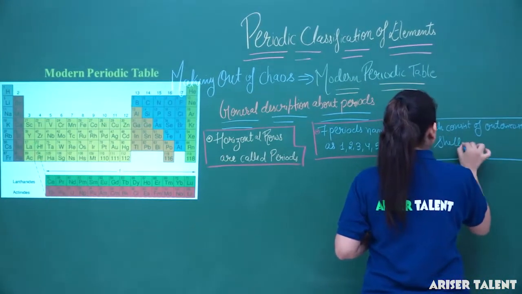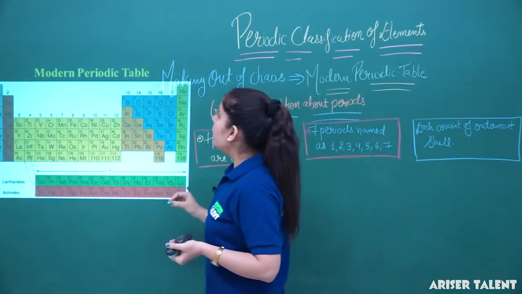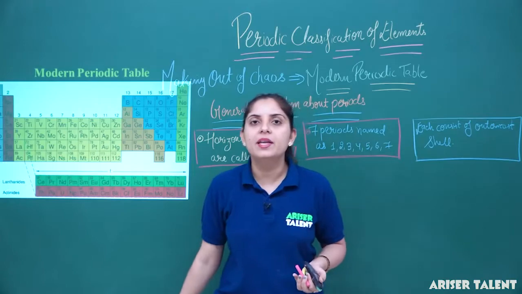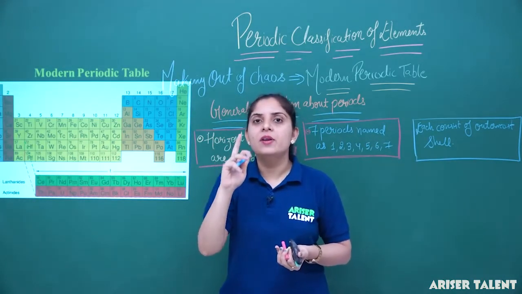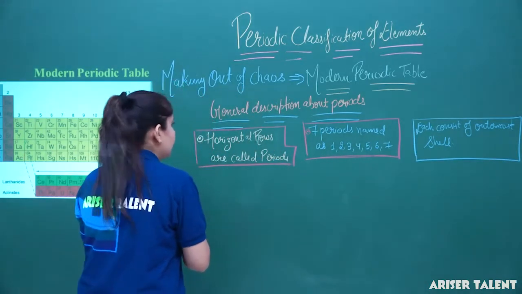You can easily see that the periodic table starts with a general electronic configuration ns1. ns1 means in the s subshell one electron is filled.